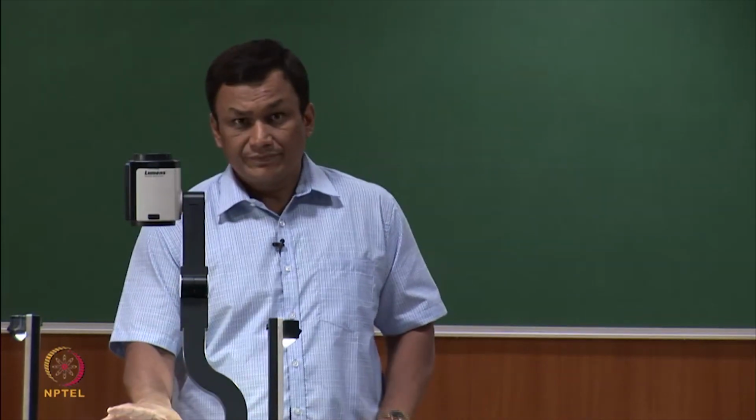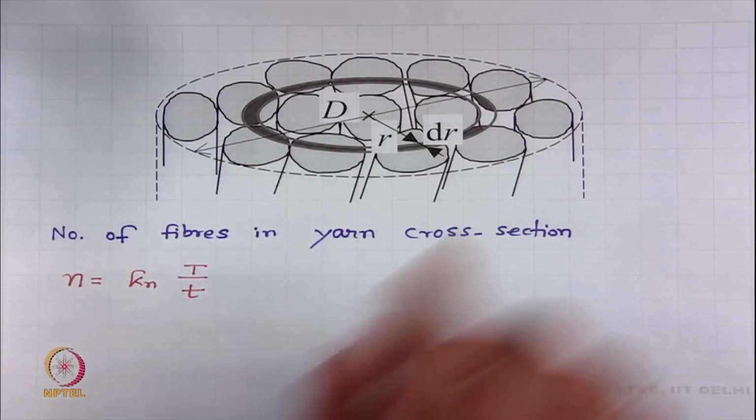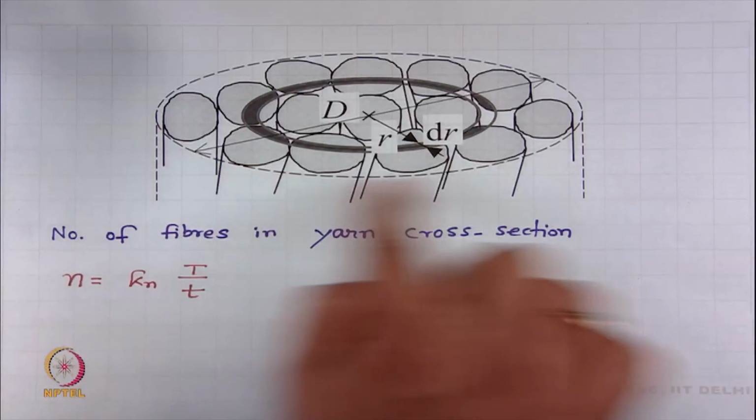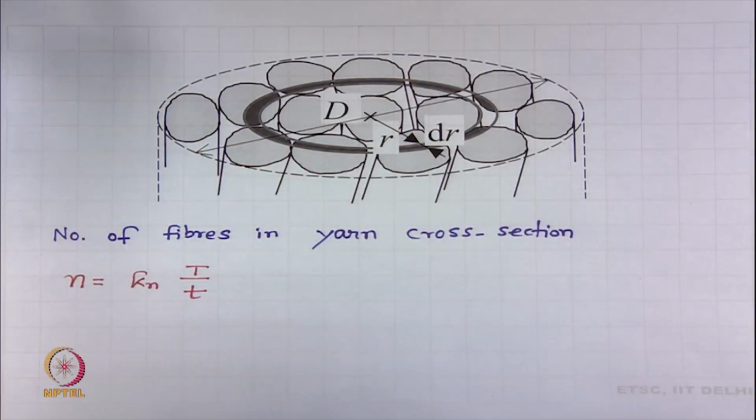What do we see here in this image? This is the cross section of the yarn, a lot of fibers are present, say n number of fibers.